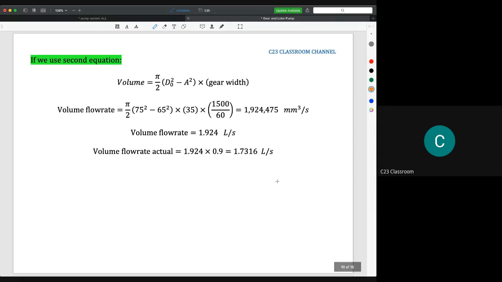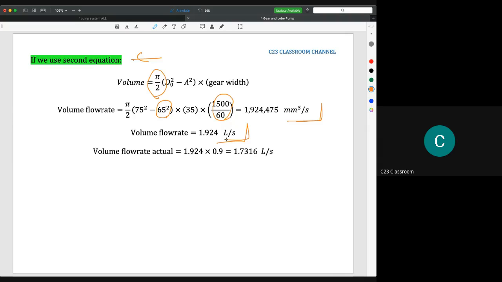Then if we use the second equation, please remember we need to multiply with pi over 2. We substitute the value of A, the distance between the two center points, which is given in the question as 65 millimeters. We multiply with the RPM, and we get 1.924 liters per second.